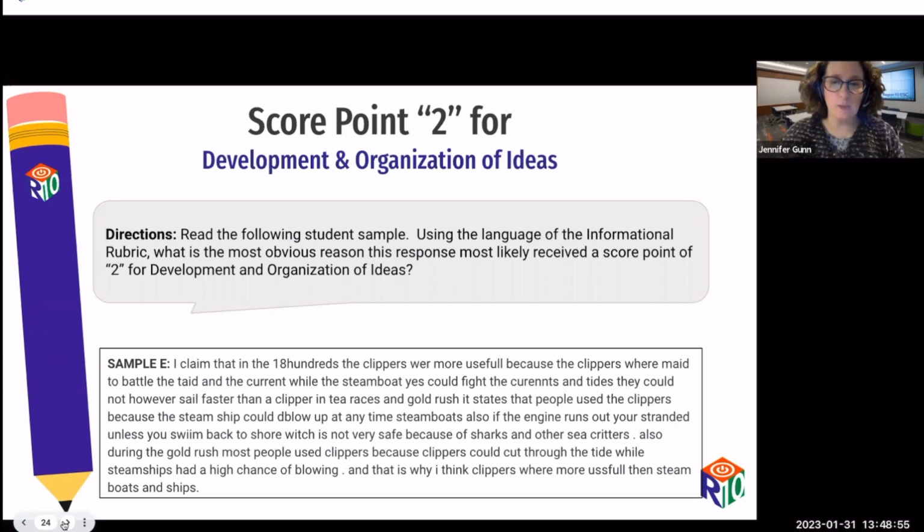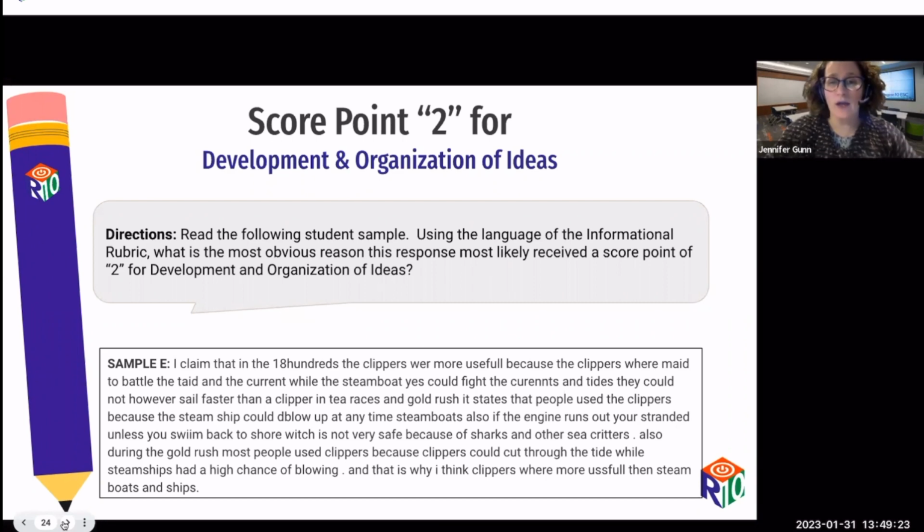It states that people used the clippers because the steamship could blow up at any time. Steamboats also, if the engine runs out, you're stranded unless you swim back to shore, which is not very safe because of sharks and other sea critters. Also, during the gold rush, most people used clippers because clippers could cut through the tide, while steamships had a high chance of blowing."